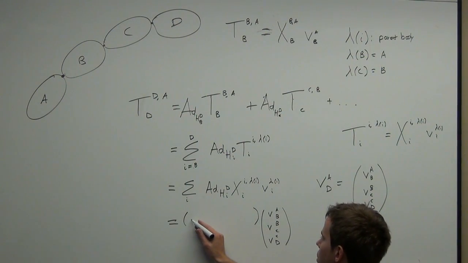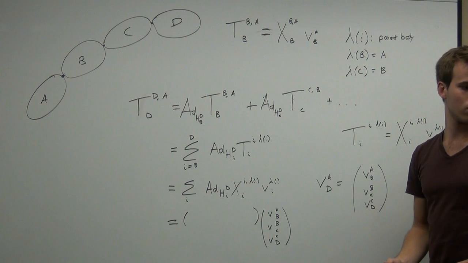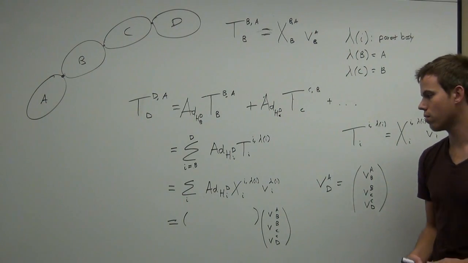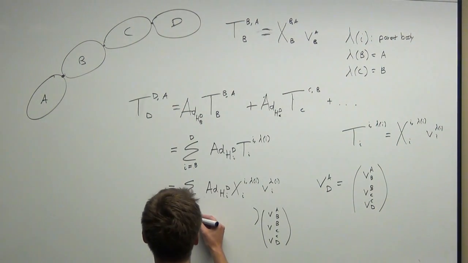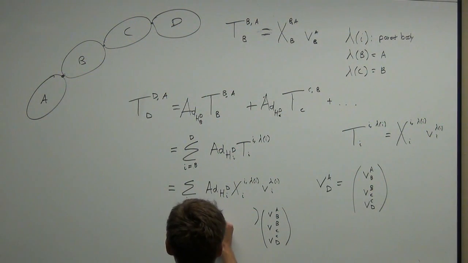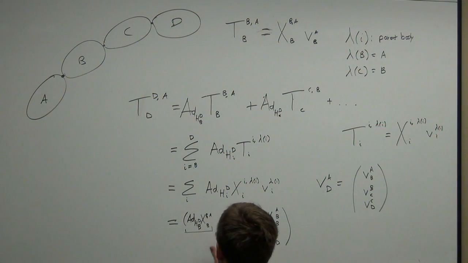Alright, what needs to come here? Yeah, joint of H. So that's one block in this matrix.